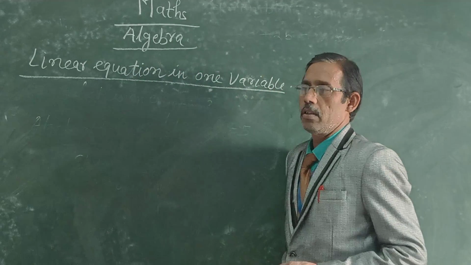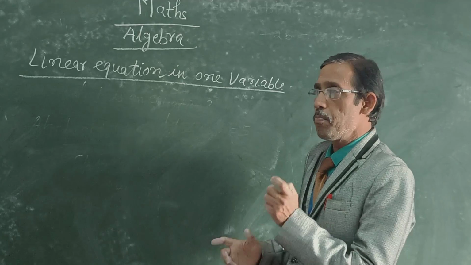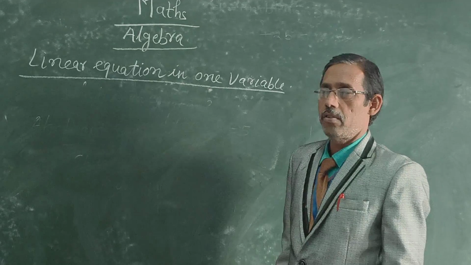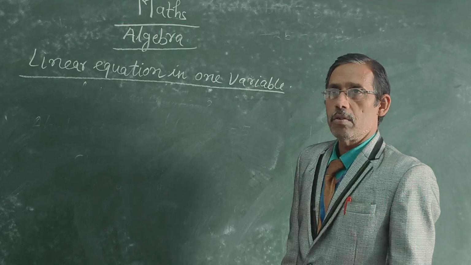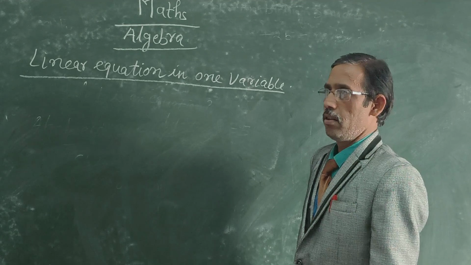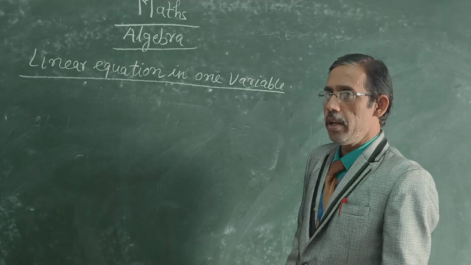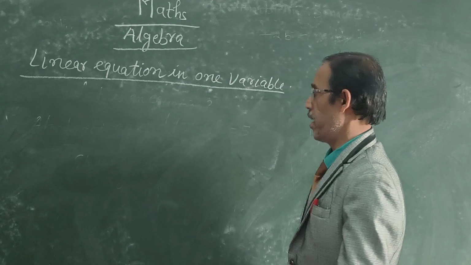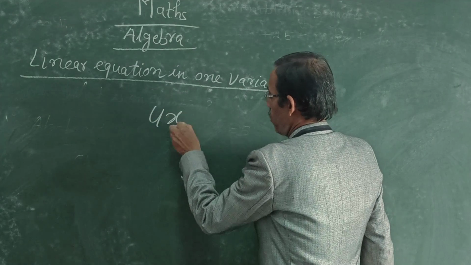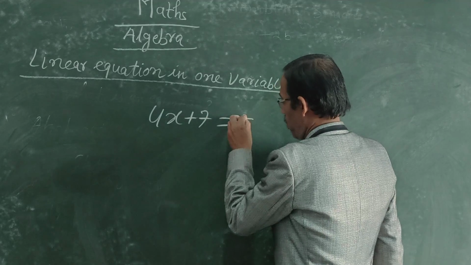An equation is called a simple equation in which the unknown is raised to the first power only, and the unknown does not appear in the denominator. 4x plus 7 is equal to 35.